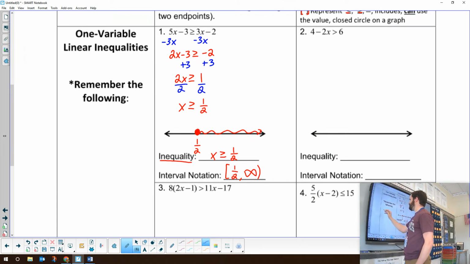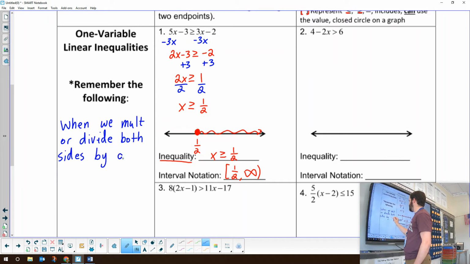I want you to write down, when we multiply or divide both sides by a negative, we must flip the inequality.